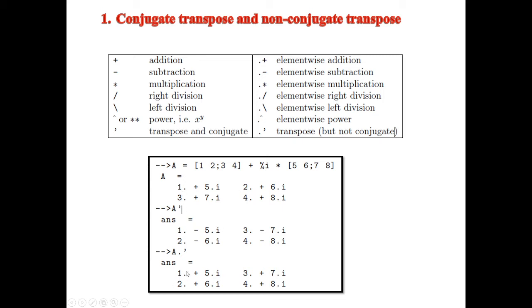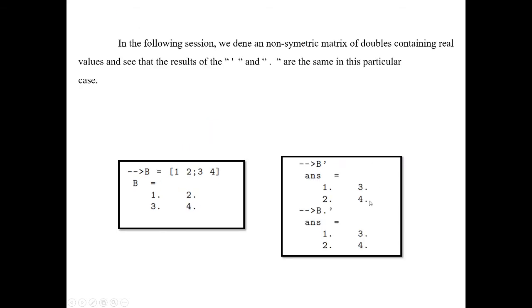Column has been changed as row, right? 1, 2 comes as a row, and 5, 6 is another column that has come as another row, like this. Transpose means rows will be changed as columns and columns will be changed as rows. So this is known as conjugate transpose and non-conjugate transpose. Clear? It is a very important question.